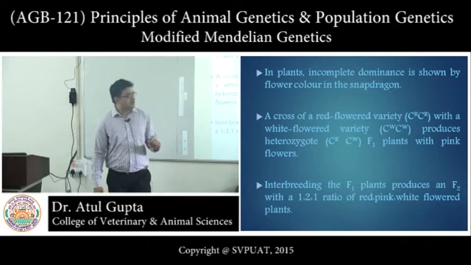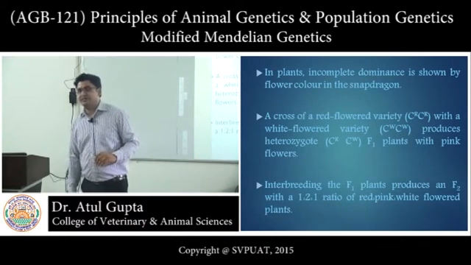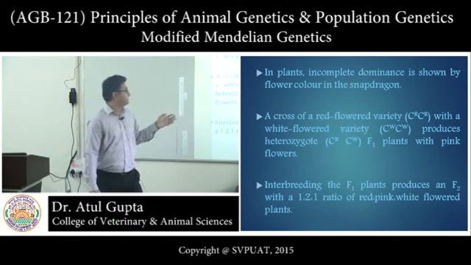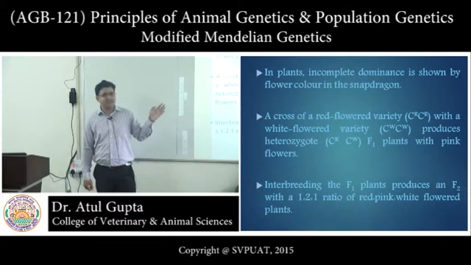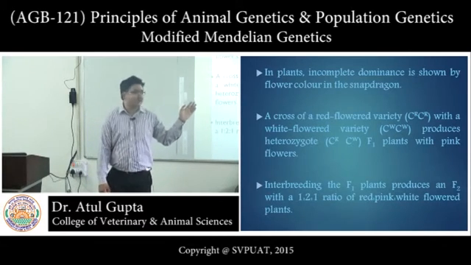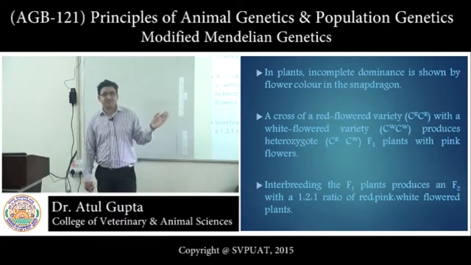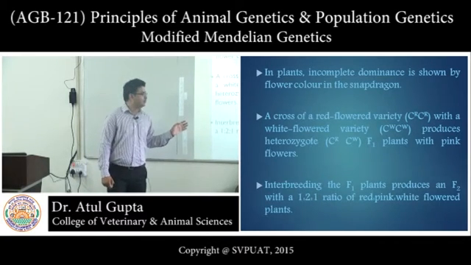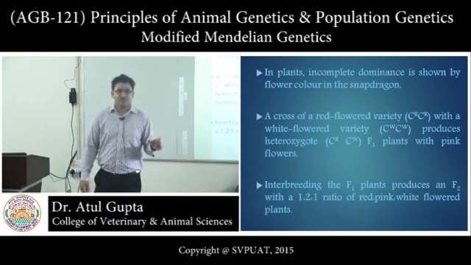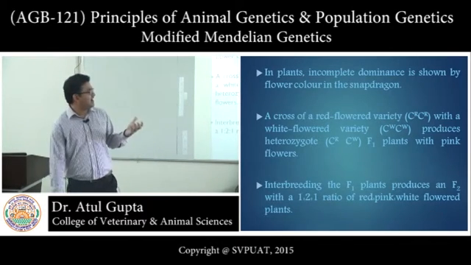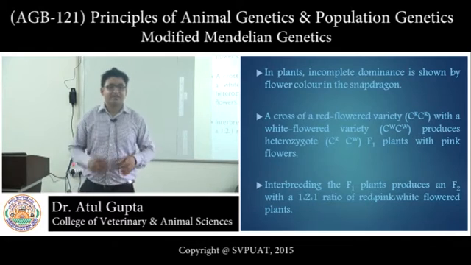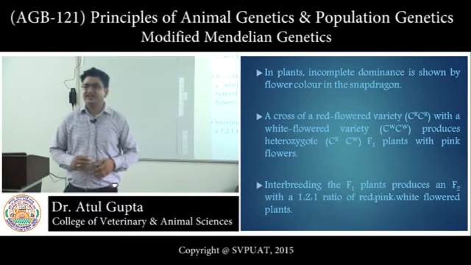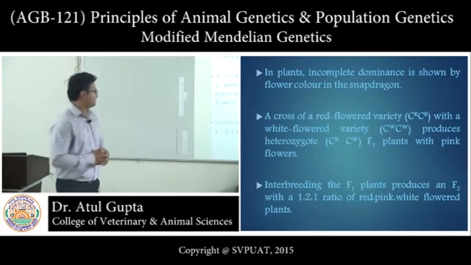In plants, incomplete dominance is shown by the snapdragon. A cross of a red flowered variety, represented by CR CR, with a white flowered CW CW produces a heterozygote CR CW F1 plant with a pink flower. So one parent is red flowered, the other parent is white flowered, and in F1 we get a pink flowered plant.